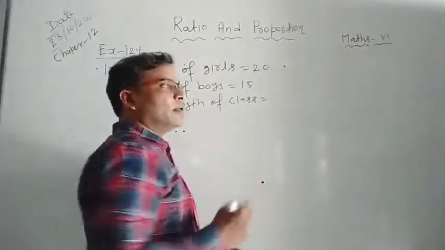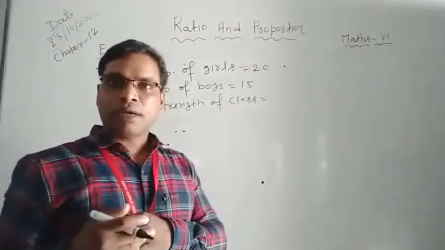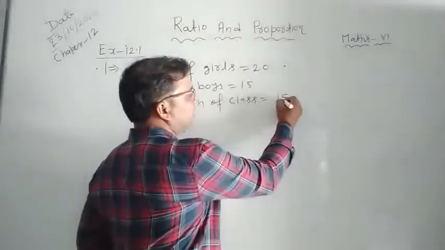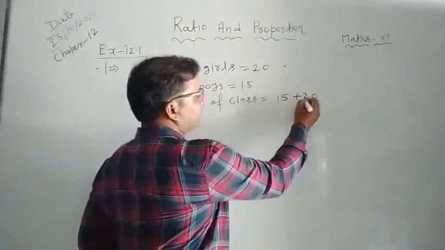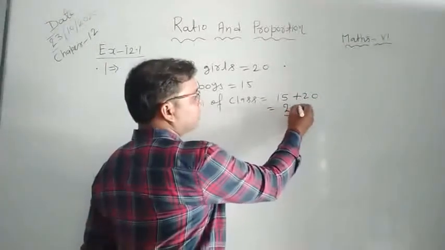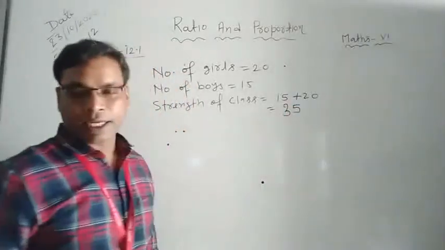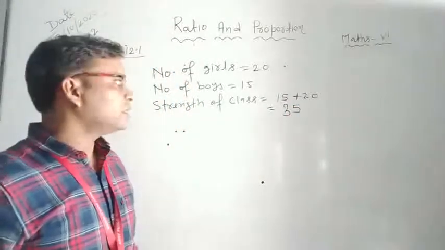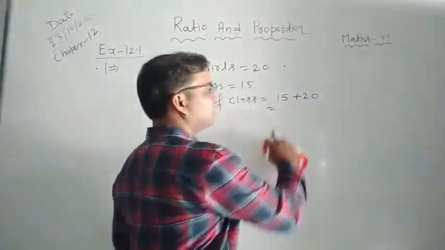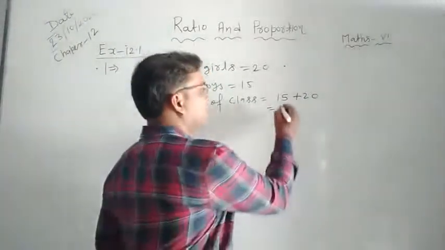This is equal to the number of boys plus the number of girls. The number of boys here is 15 and the number of girls is 20. So in this way you can see the total strength of the class is 35.